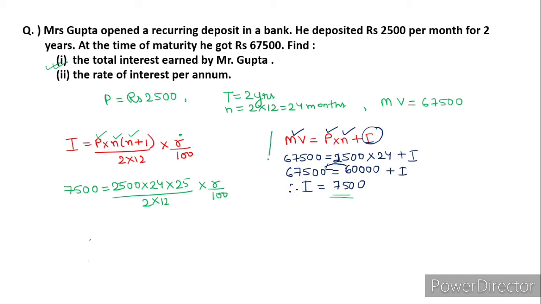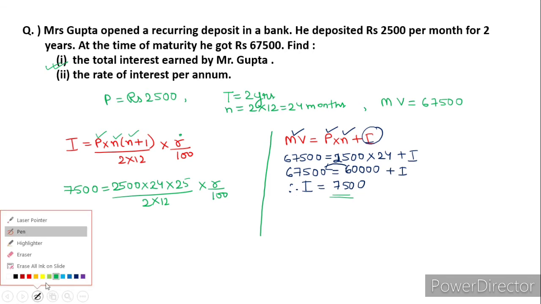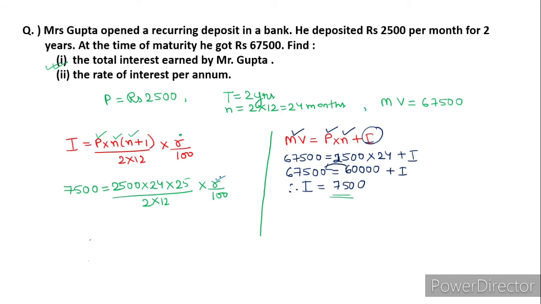There is only one variable unknown, that is rate. Solve this part and get the value of R. 12 2s are 24, 2 and 2 gets cancelled. After that, on solving this, the final answer you will get R is equal to 12%. This is the answer.